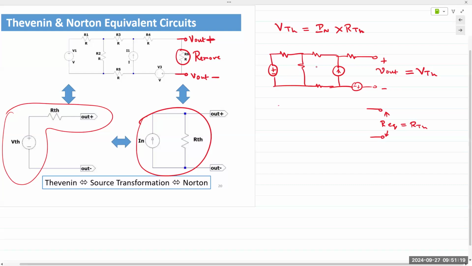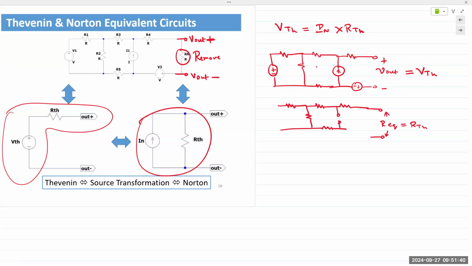If you are trying to measure resistance, there should be only resistors in the circuit, nothing else. And so we replace all independent sources, we reduce them to 0. Any value the source has, we reduce it to 0.